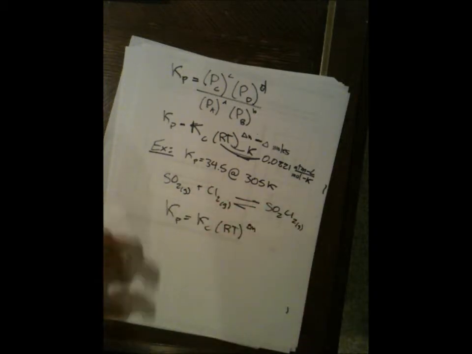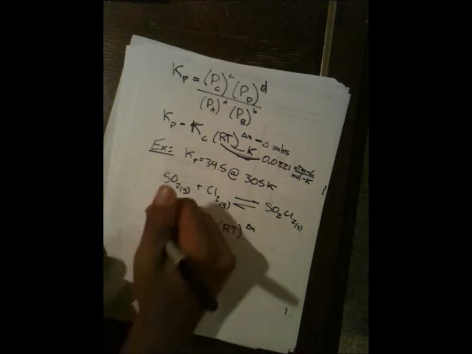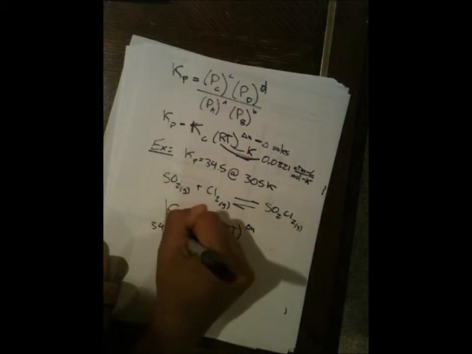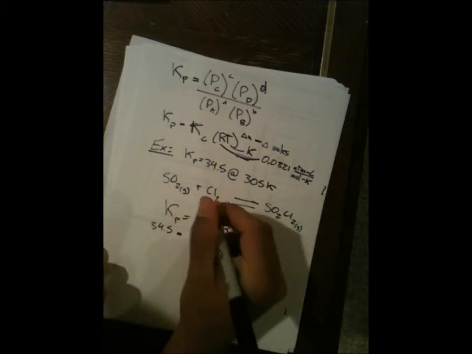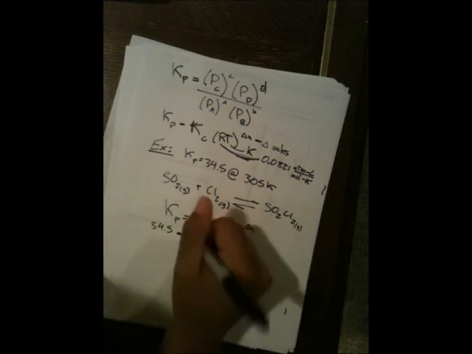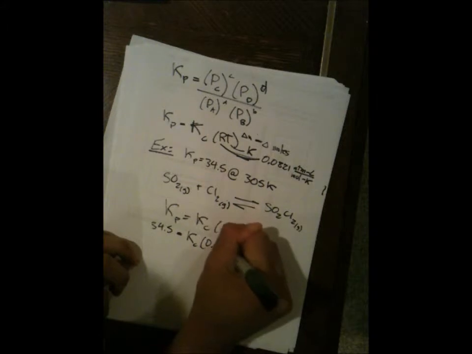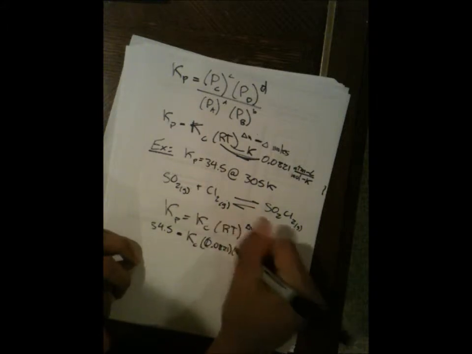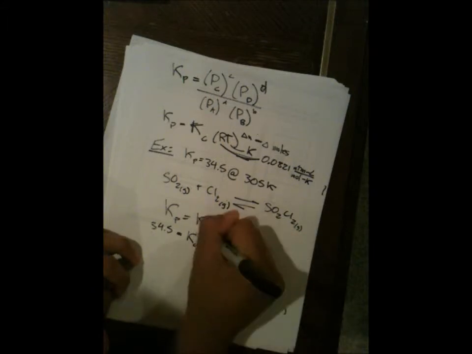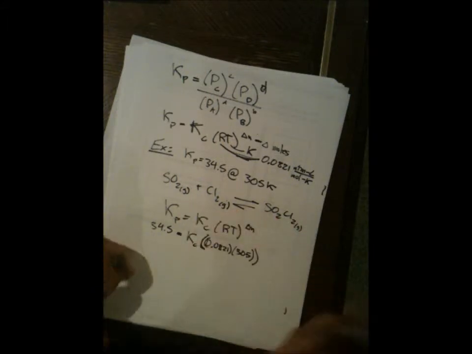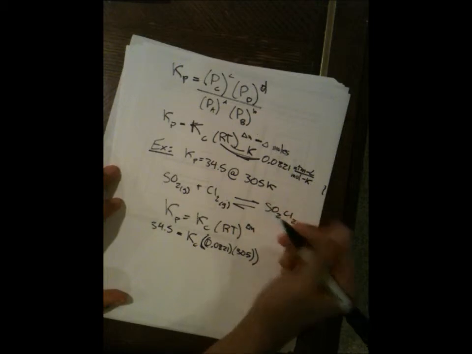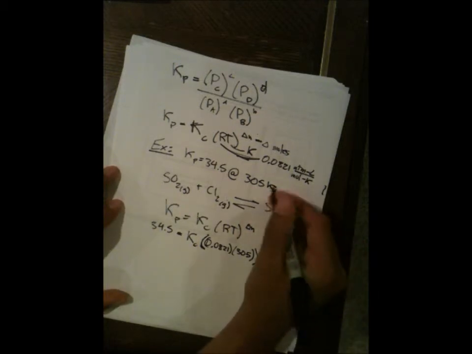Okay, so you have Kp, which is 34.5, equals Kc, which is the unknown, times R, which is 0.0821, times temperature, which is 305. And all of that is raised to delta N. Well, let's see, delta N, products minus reactants.